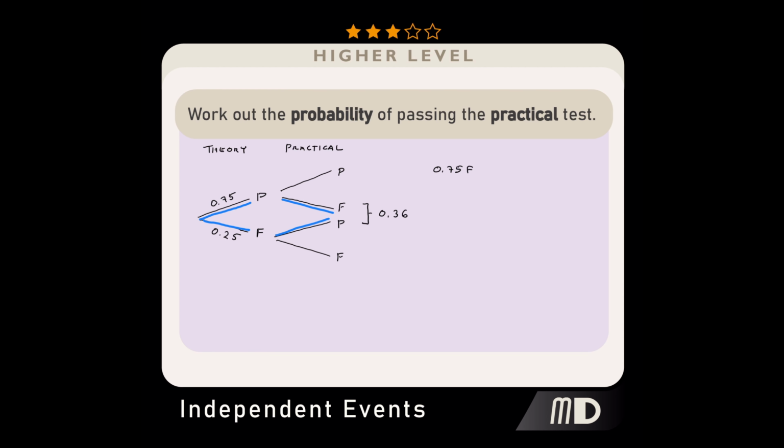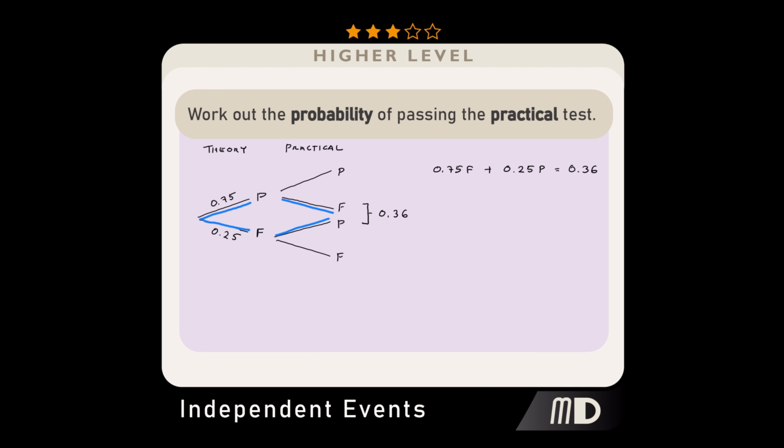Or a fail on the theory test and a pass on the practical test, which is 0.25p, which is equal to 0.36.